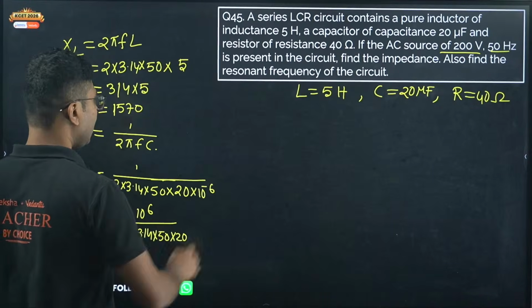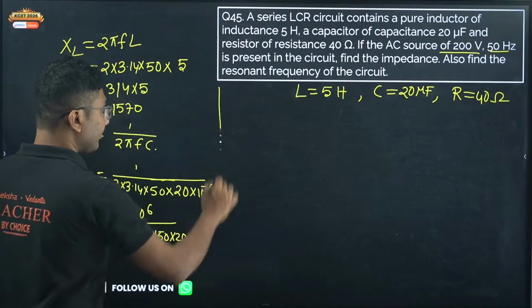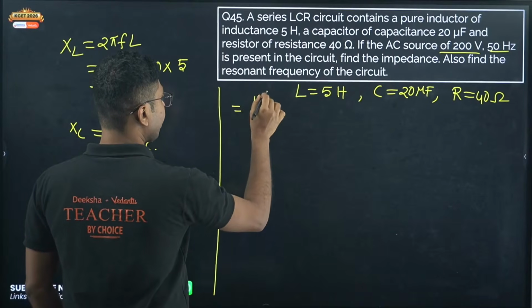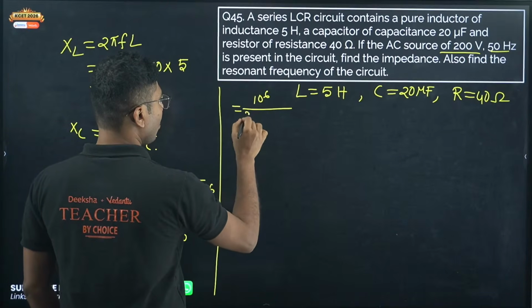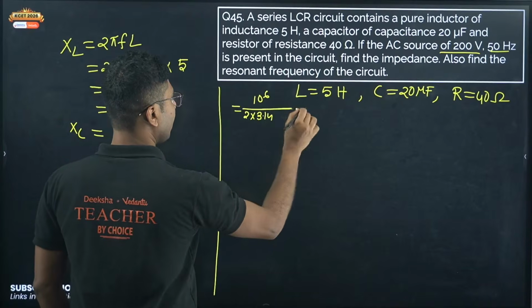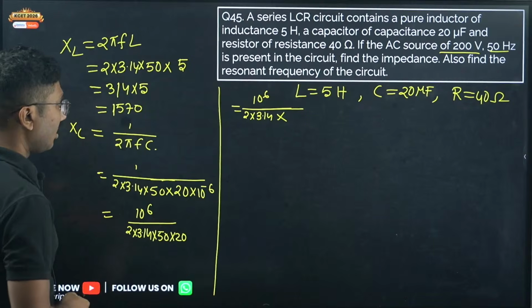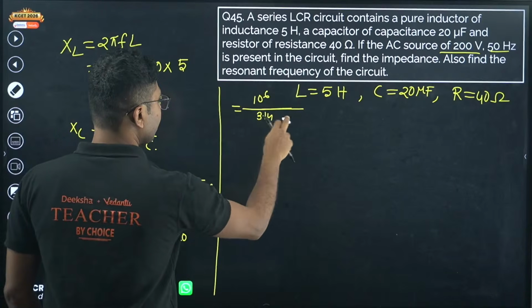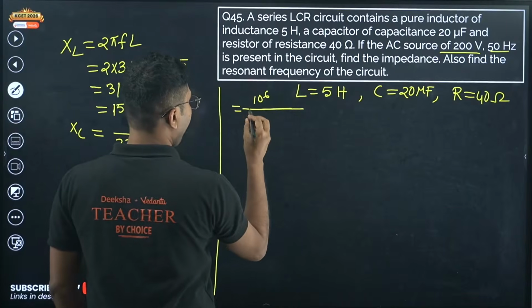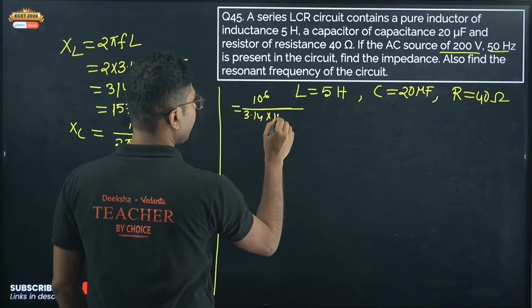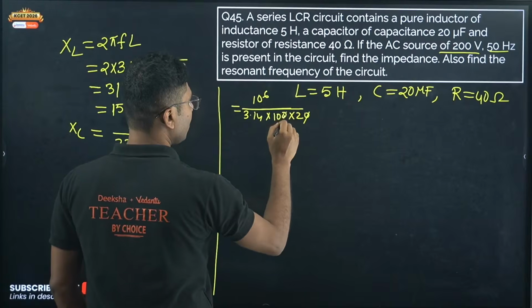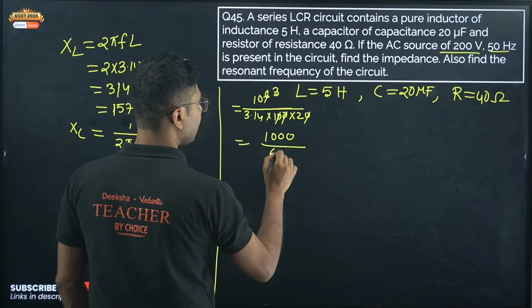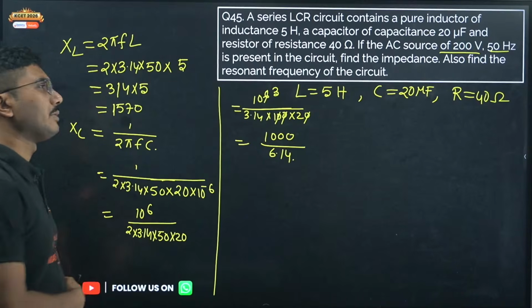Now let's simplify with the powers of 10. 2 into 50 is 100, so 3.14 into 100 into 20, the zeros cancel, we get 1000 divided by 6.14.